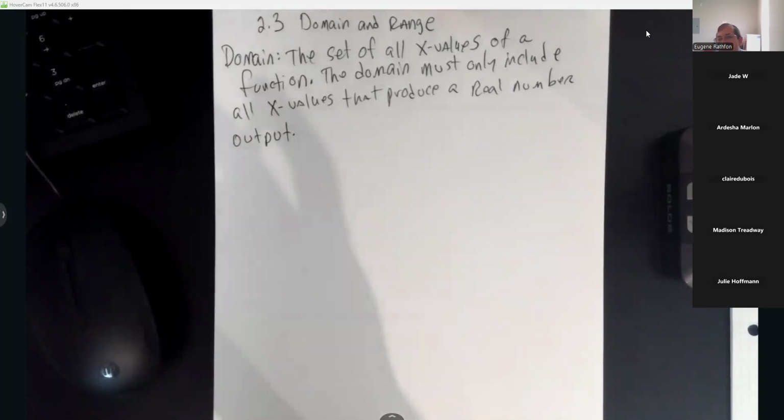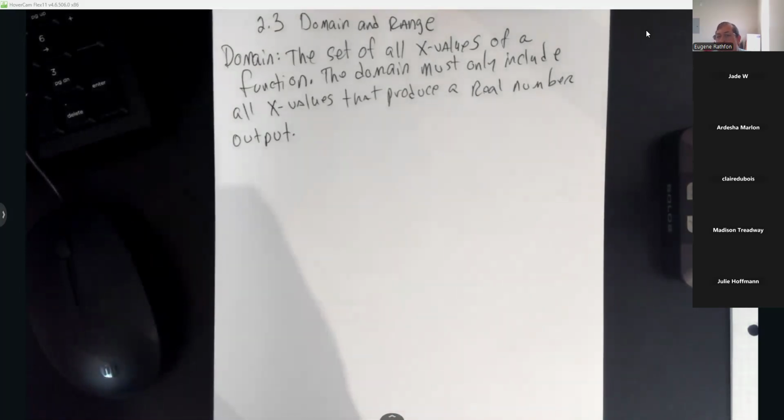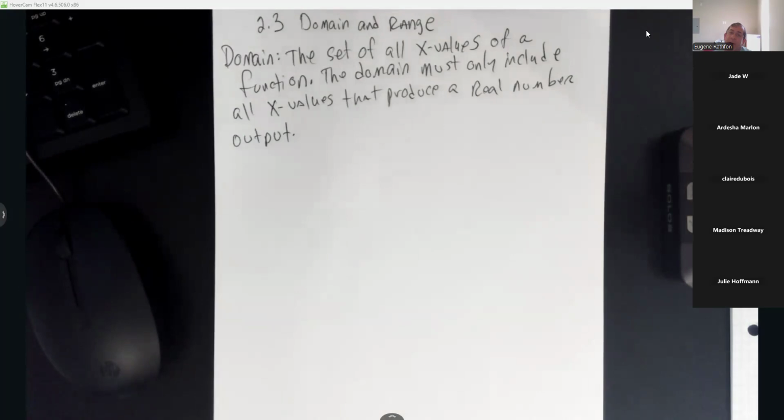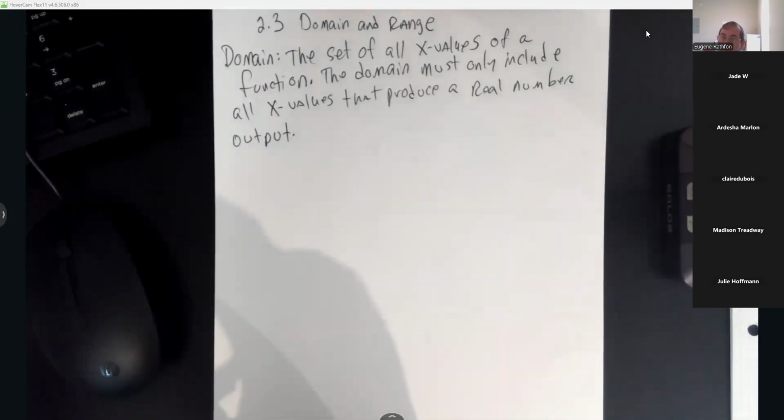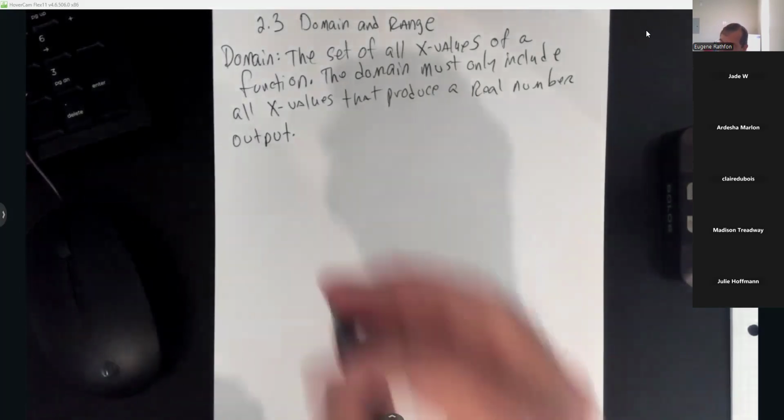Okay, so at this point, the only thing we're concerned about on a domain is fractions, and we'll get into that a little bit more later. But the thing about fractions is the denominator of a fraction cannot equal zero. Okay, so if there's any numbers that make a fraction equal zero, we're going to have to kick them out of the domain.